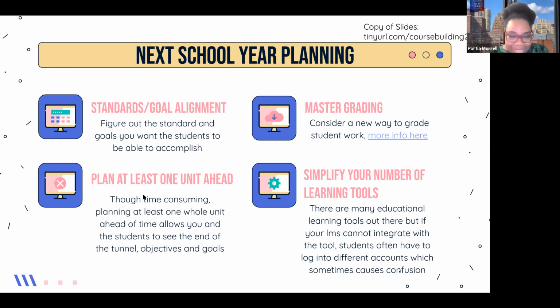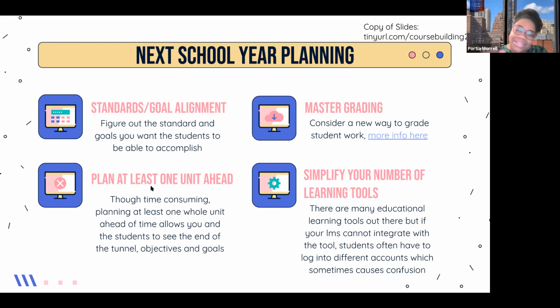The other two things are to plan at least one unit ahead. I was planning one step at a time at the beginning of the school year. Once I hit the second semester and I had my own pace, I was able to figure out, okay, I need to think a little bit more ahead. I need to think to the end.